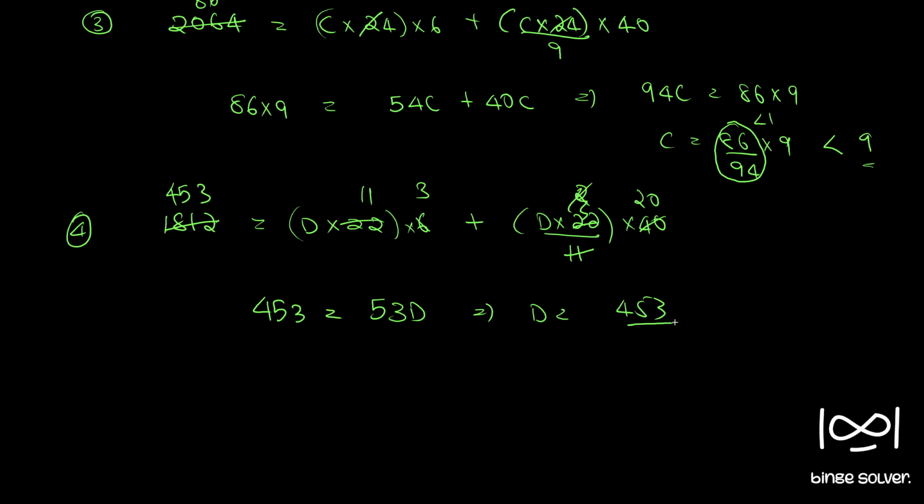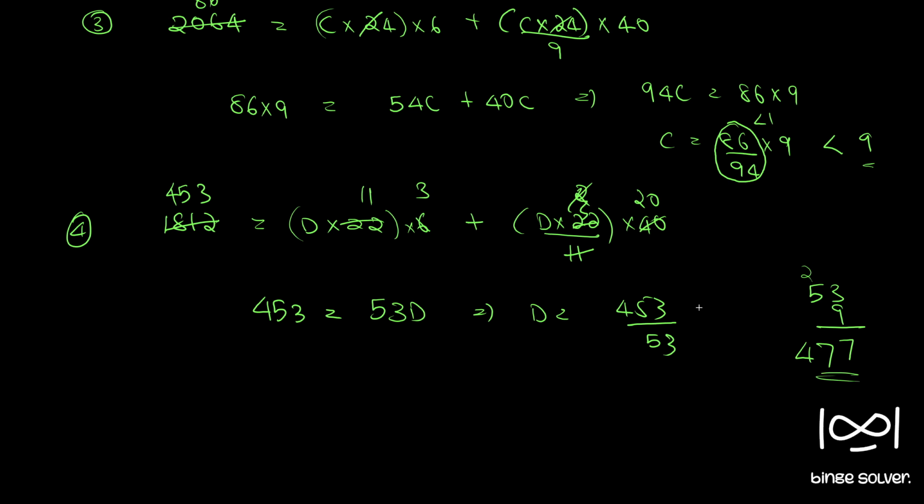That d is 453 by 53. So I'm guessing till now A is the highest, and we need to just check whether this is greater than 9. So just 53 into 9, which is 477.